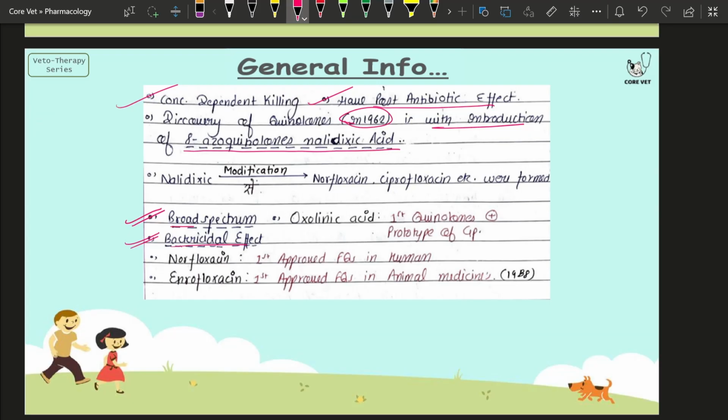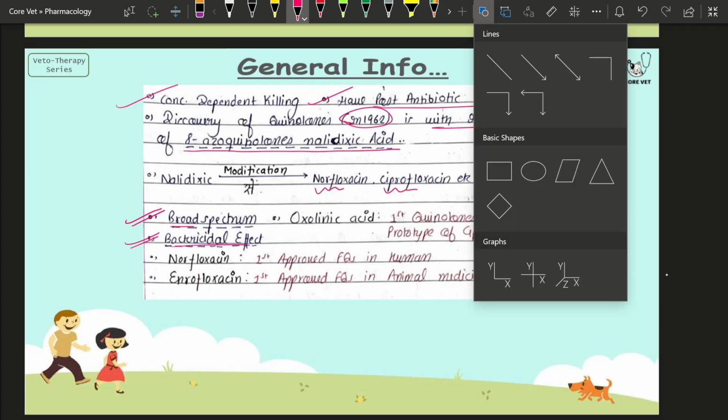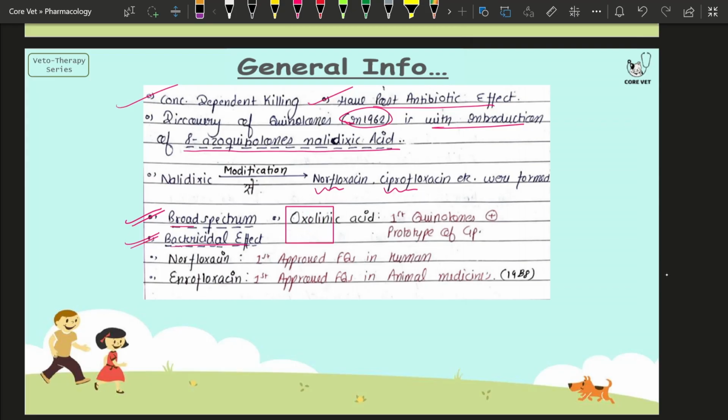From the nalidixic acid, when modifications were made in its structure, norfloxacin, ciprofloxacin, and some other drugs were found. The oxolinic acid is the prototype and the very first quinolone of this particular group, right?